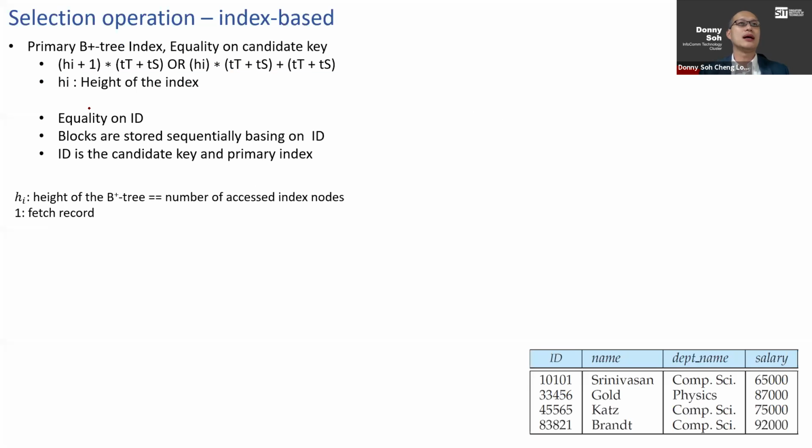Okay, now I have an index. The earlier one was the scenario where I don't have an index. Now I have an index, specifically a primary B plus tree index, and I want to do an equality on my candidate key.